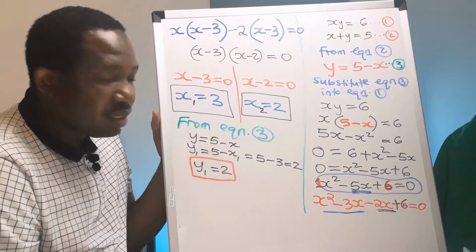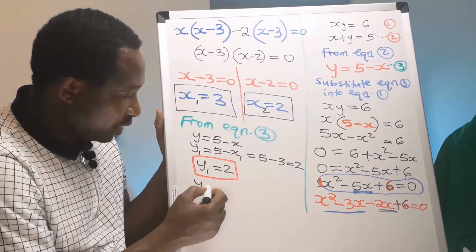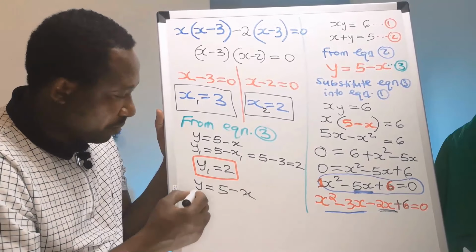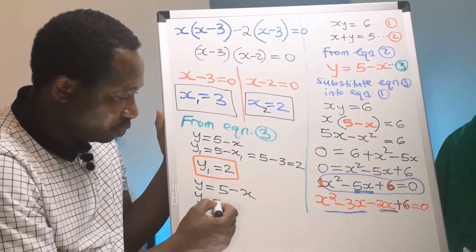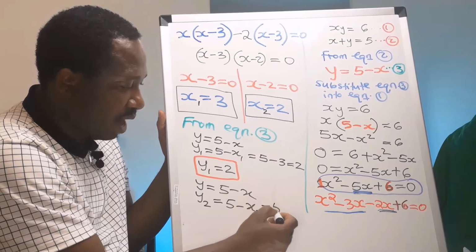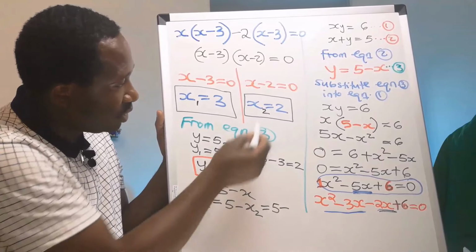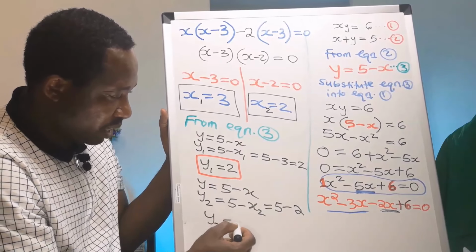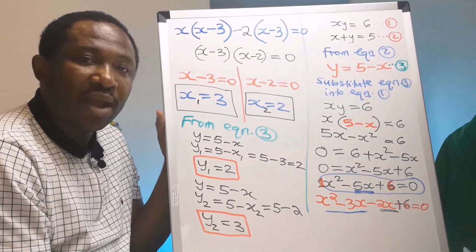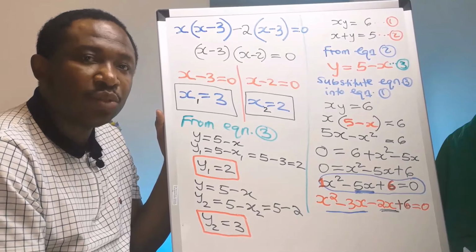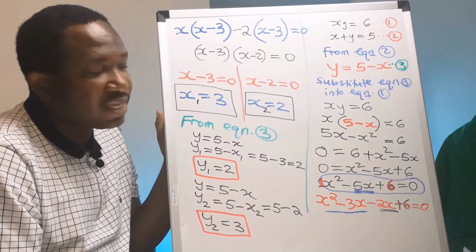Still on equation 3, we have that y is 5 minus x. This time around, I will now have that y2 is 5 minus x2. I will have 5 minus 2, which is 3. And y2 is 3.